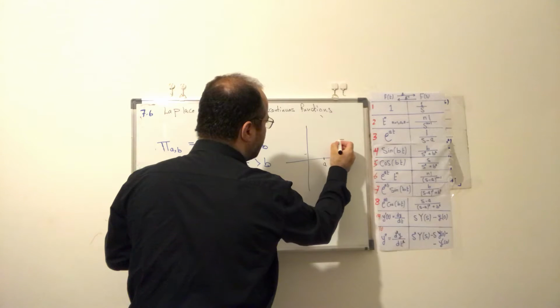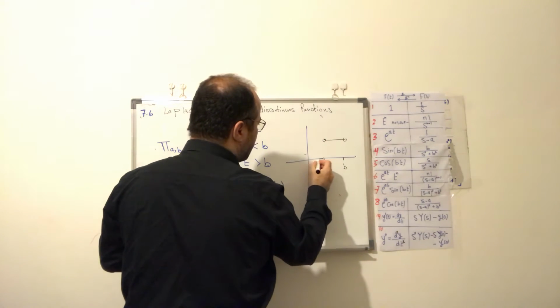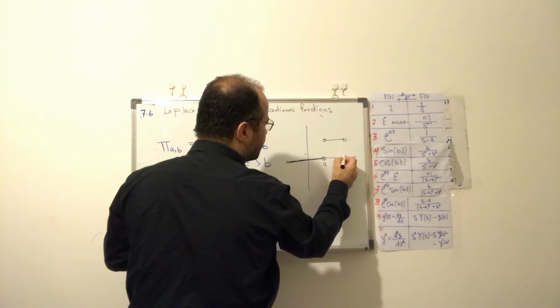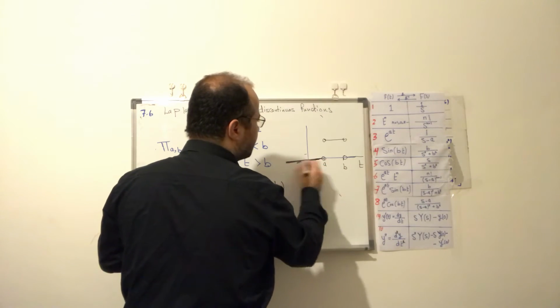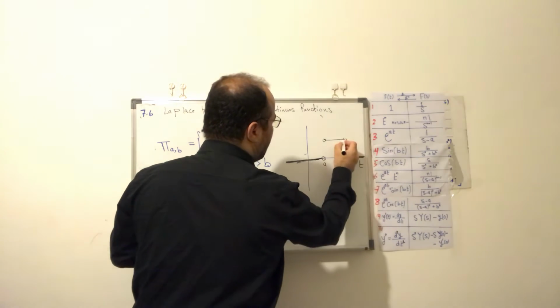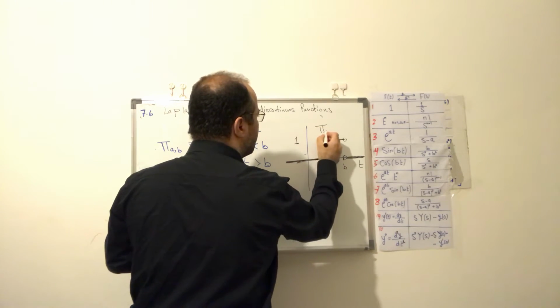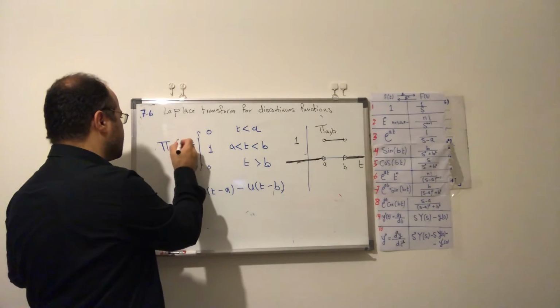It has the value 1. And when t is less than a, the value is 0. So 0 here, 0 there, and here it is 1 unit. So this is pi of a comma b of t.